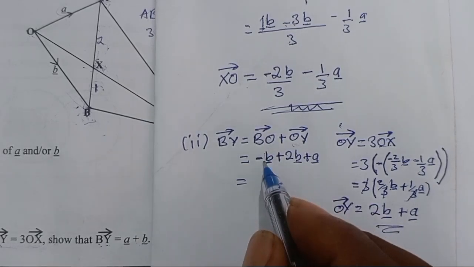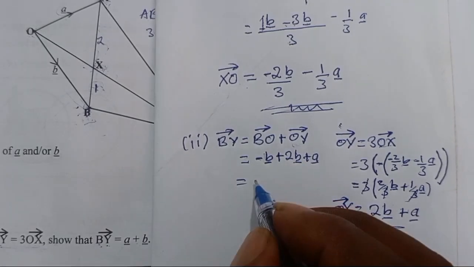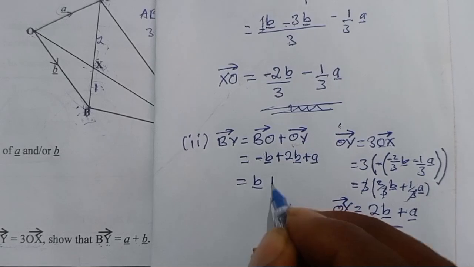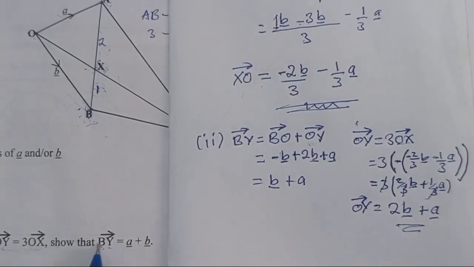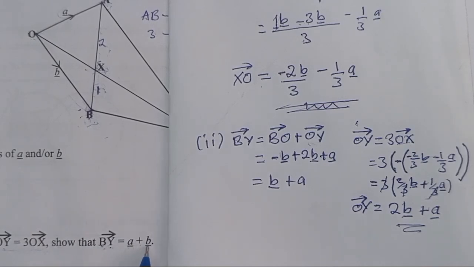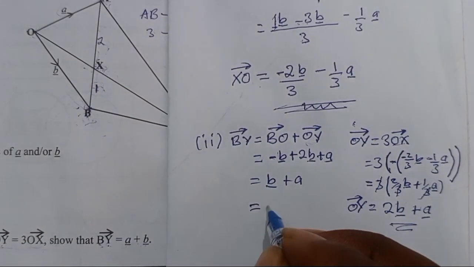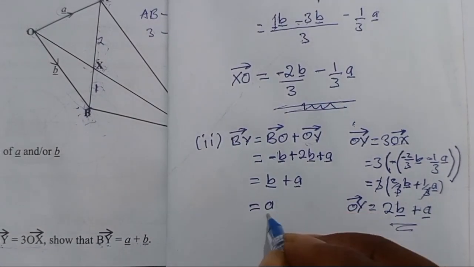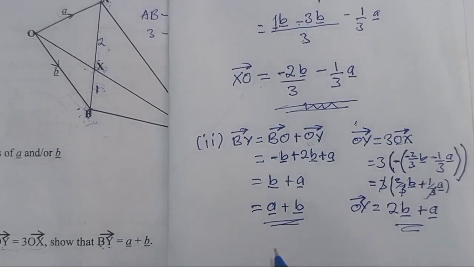So 2 scalar b minus scalar b, the answer is scalar b plus a. I've been asked to show that vector BY is equal to scalar a plus scalar b. Remember that these two are associative, so it is scalar a plus scalar b. So it is shown.